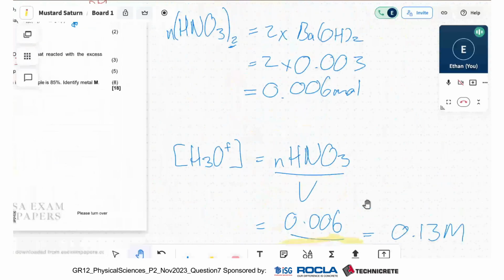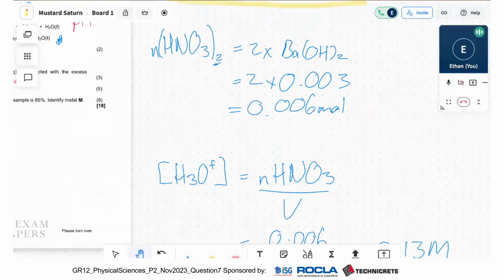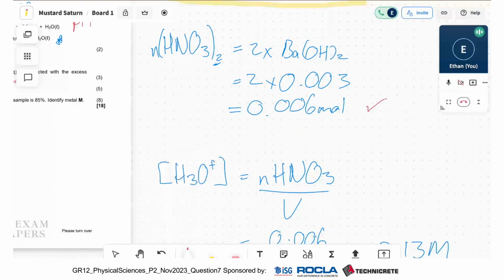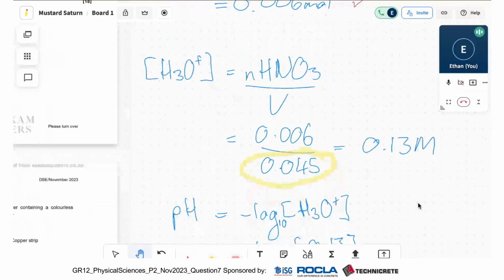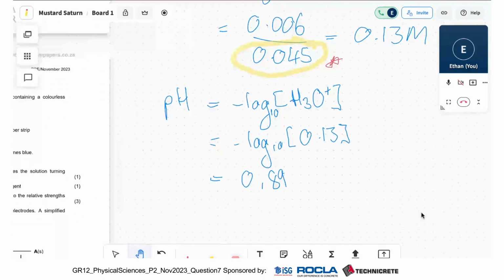There are about three sections to this question, three calculations you have to make. First is figuring out the moles of HNO3 left over, then figuring out the new concentration of hydronium ions with the new volume, and then doing the log calculation to get the actual pH.